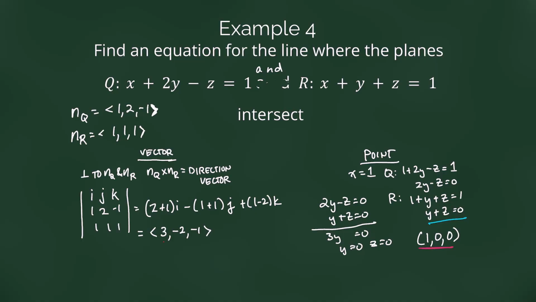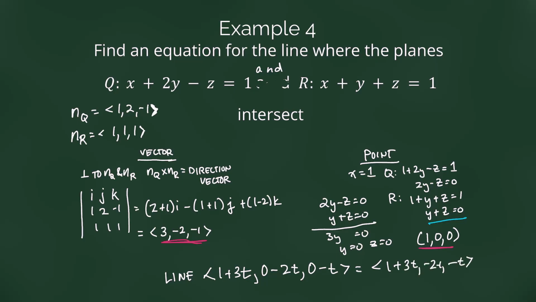I have a point, and I have the direction vector for my line. So my line must be the line 1 plus 3t, 0 minus 2t, 0 minus 1t, which of course I can write as 1 plus 3t, negative 2t, negative t.